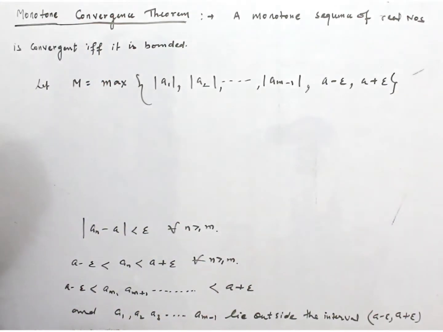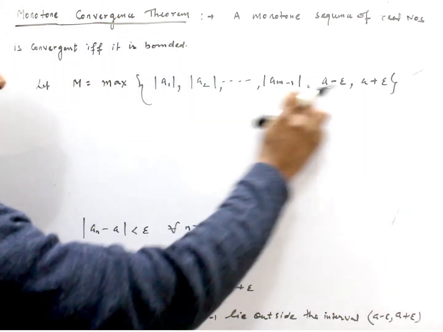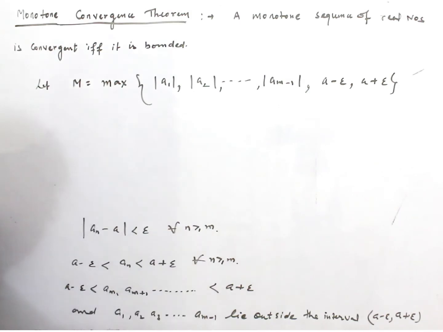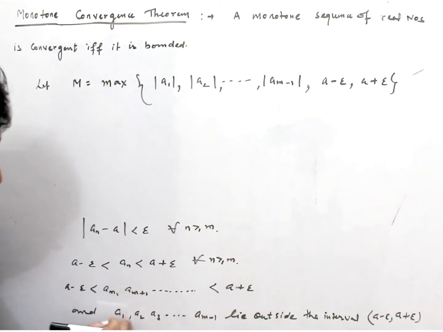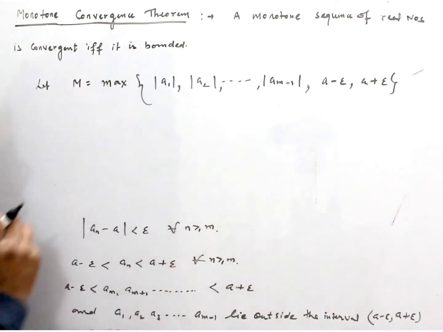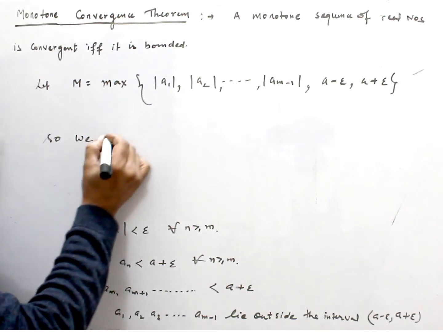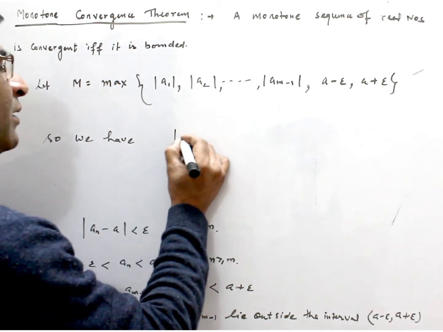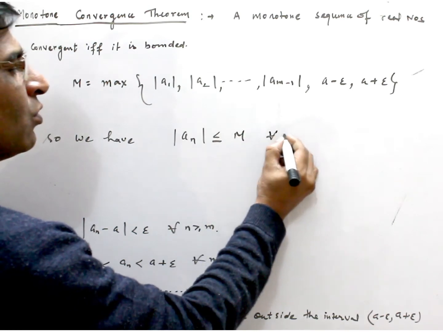Because all other points are bounded by these two numbers, whatever is the maximum out of these, that number is m. In this way, the terms are bounded by this interval and these points have also been considered. So we finally have the absolute value of An less than or equal to m for all n.